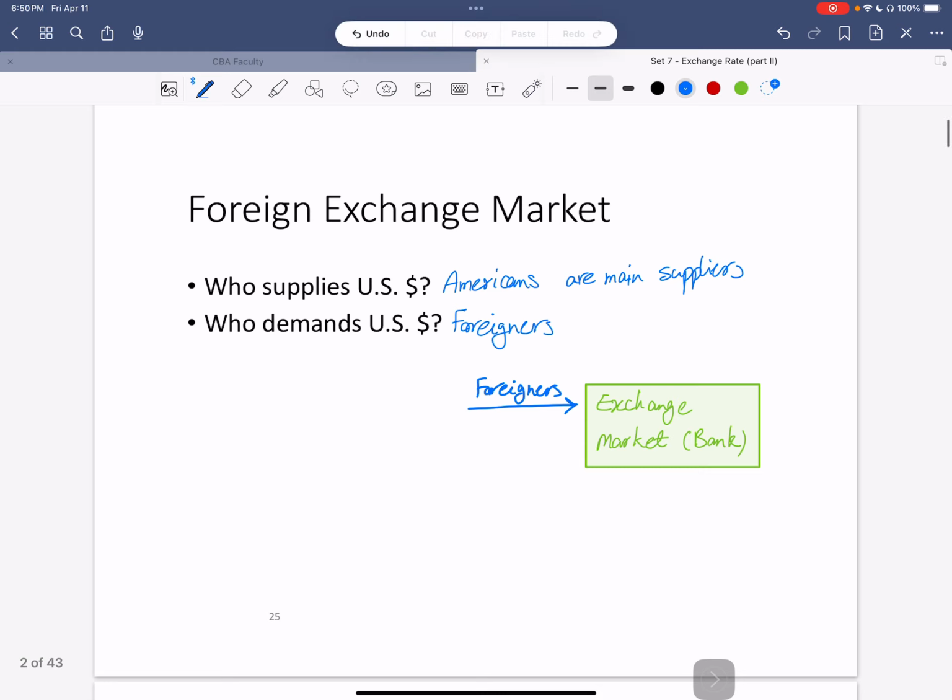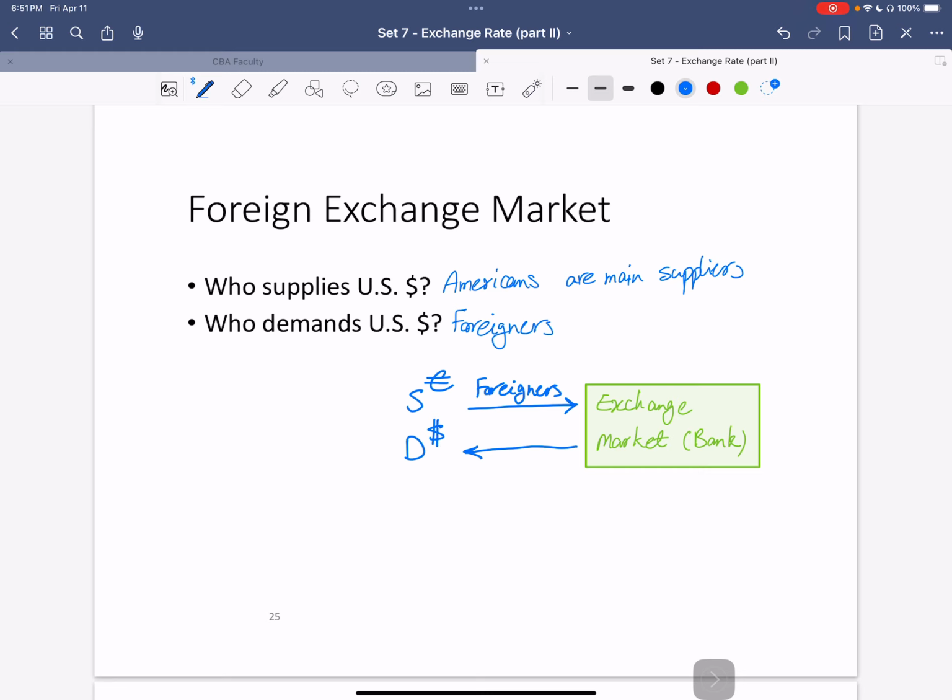Let's simplify it and assume that we are only facing two different areas, let's say Europe and the US. So let's assume that there is only euro and dollar in this market. The foreigners from the euro area just supply euros, and they need to invest in the US or they need to buy US dollars for any purposes.